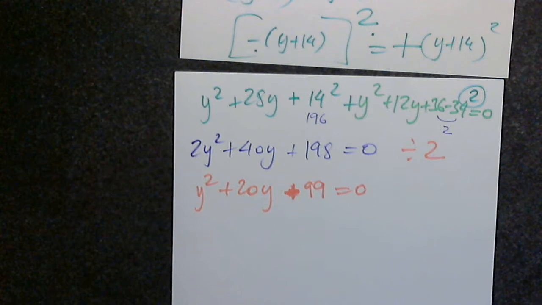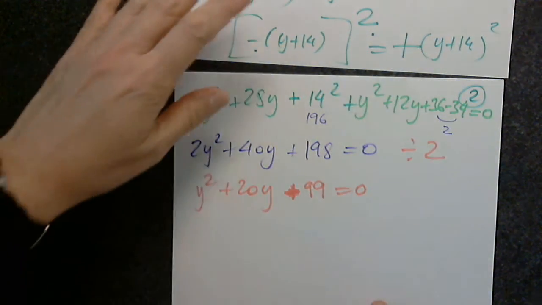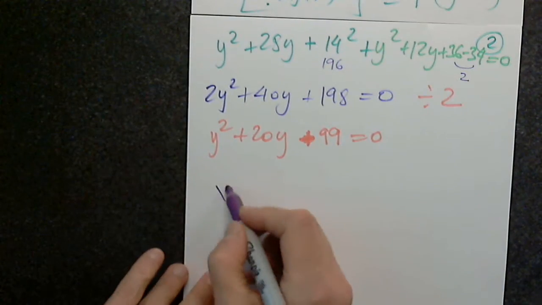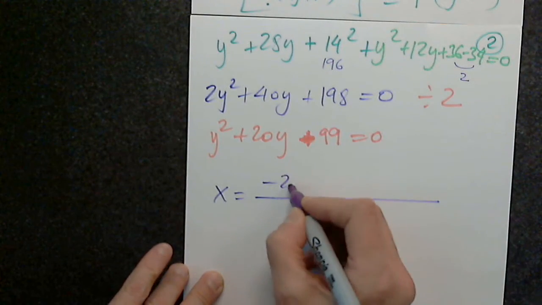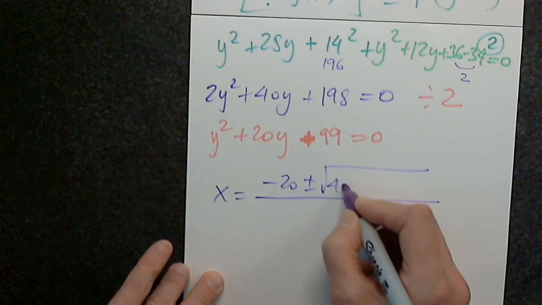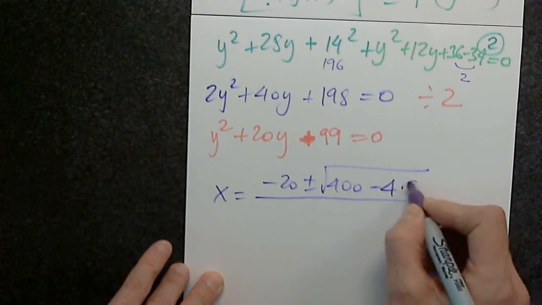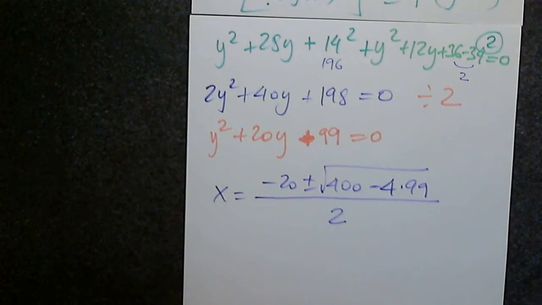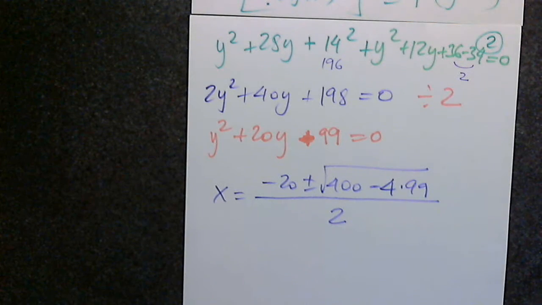If it takes, remember, 30 seconds to factor, then factor. If not, forget it. And use what? y equals negative b plus or minus the square root of b squared minus 4ac, over 2a. With the graphing calculator, be careful how you put it in. Parentheses around the numerator.